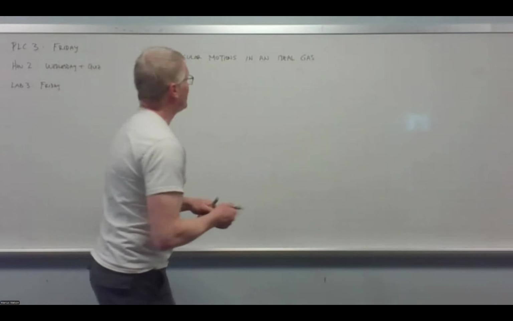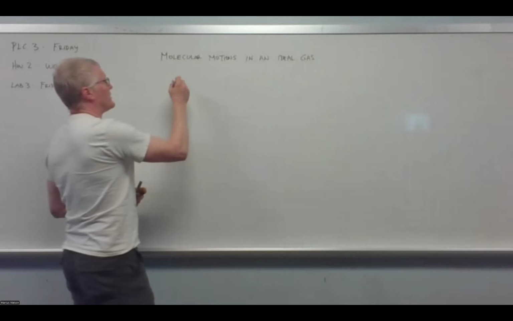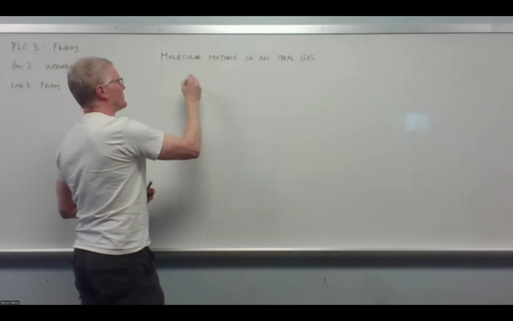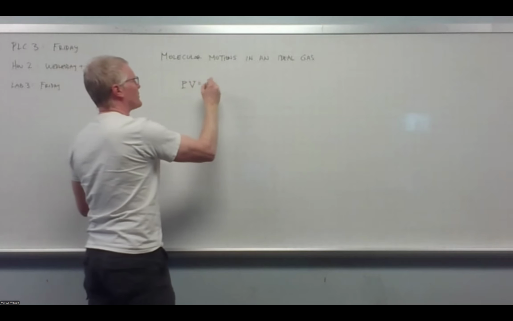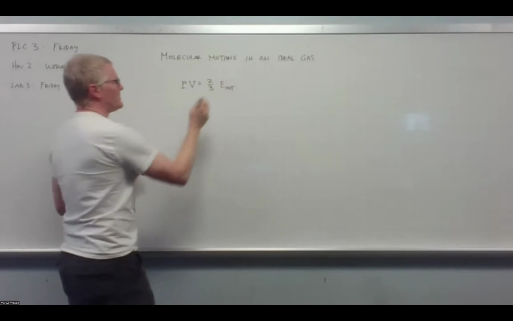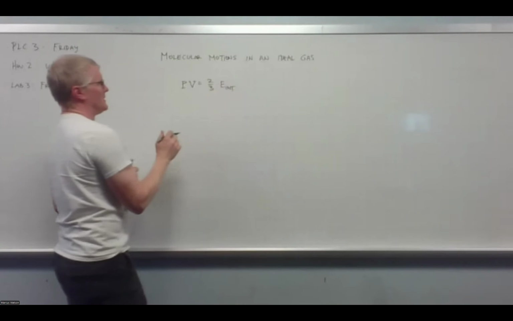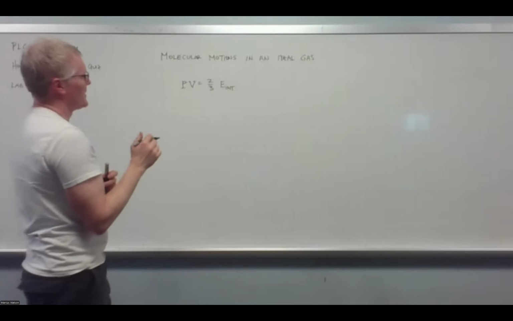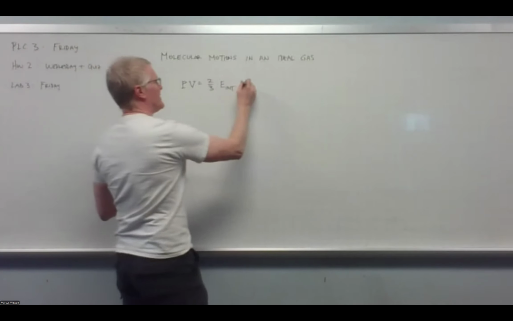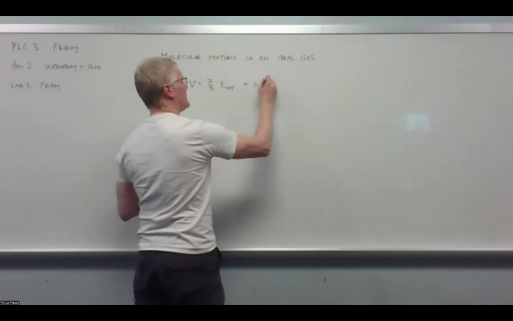like that. So what we had come up with was that the pressure times the volume was 2/3 of the internal energy. And since we have the ideal gas equation of state, this is equal to nRT.